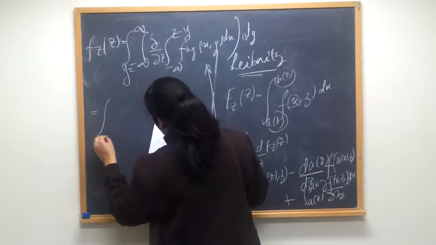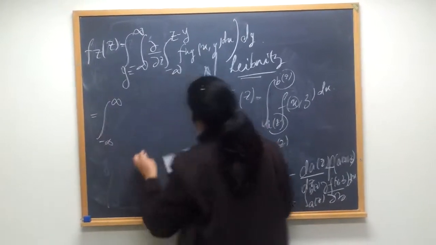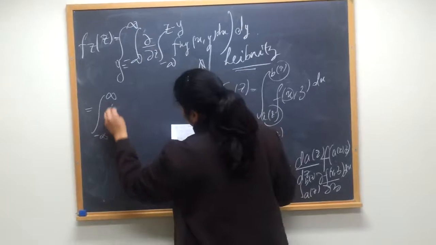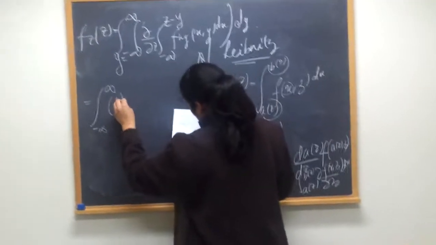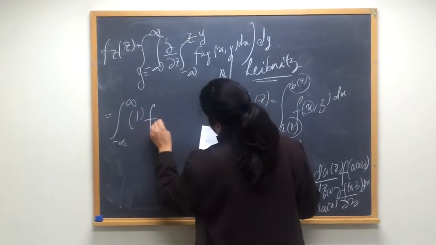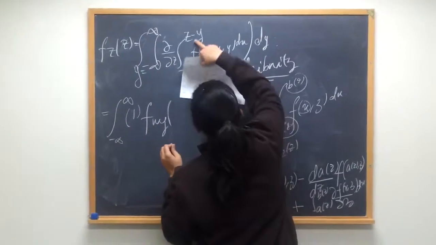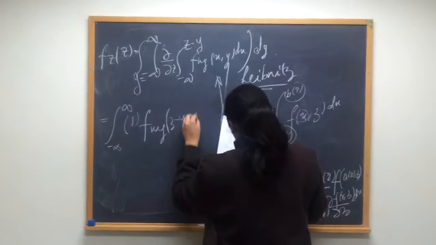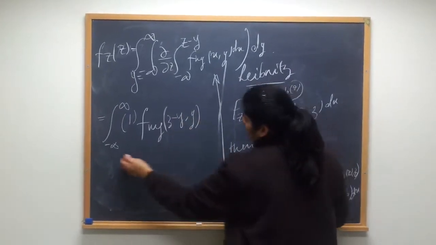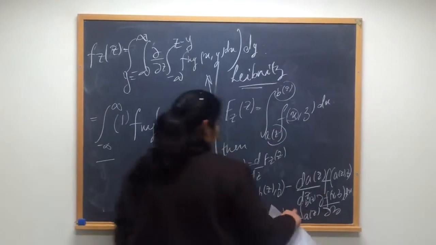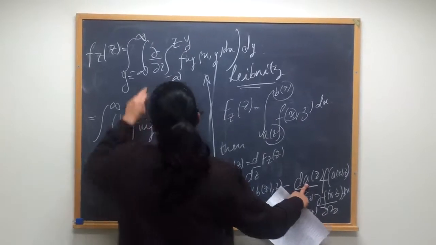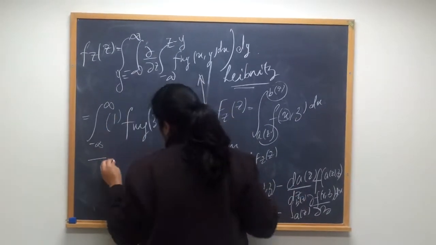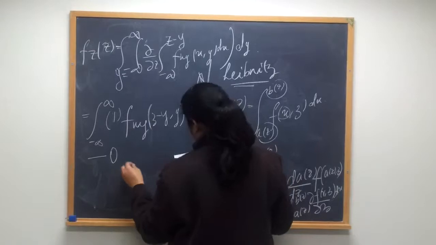It will be the integral from minus infinity to infinity; the derivative of z minus y with respect to z is 1. Then we'll do f_XY, putting z minus y in place of x, so it will be f_XY(z minus y, y), minus the derivative of a(z): the derivative of minus infinity is 0, so this term becomes 0.